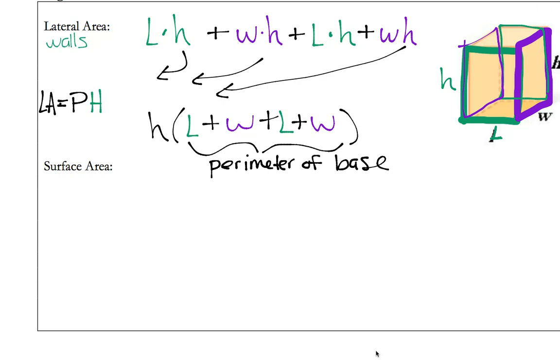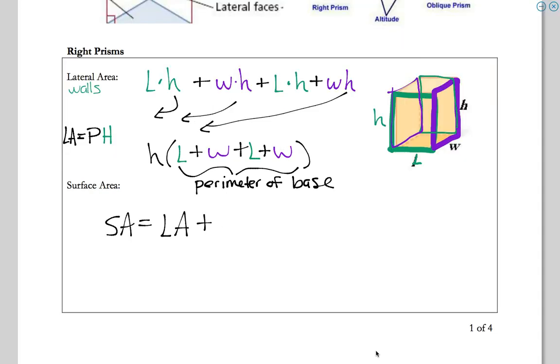What about surface area? Well, surface area is the lateral area. Actually, let's write it like this. It's that same lateral area, but now what are we going to add on? We're going to add on the top and the bottom base.